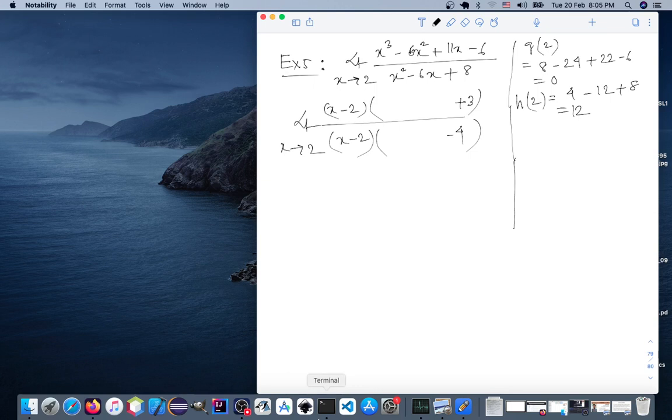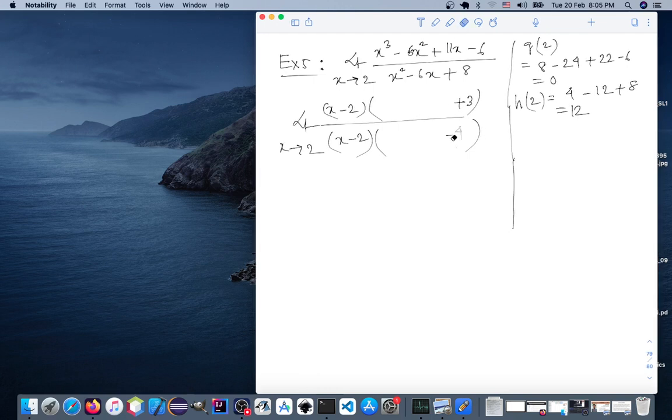Okay, so the denominator is simple, it's just middle term splitting, and it will be x minus 4 into x minus 2. For the numerator, we have x cube, so we must have x square.